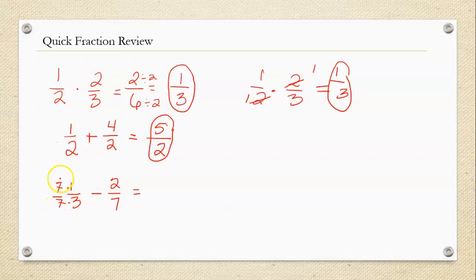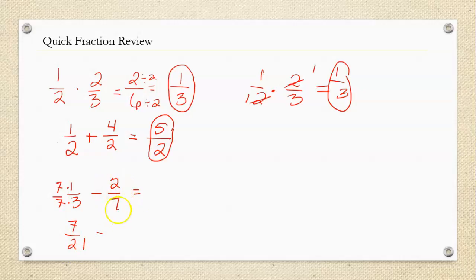So we're just multiplying this fraction by 1. So we're not changing the value of the fraction, we're just changing the way it looks. So 7 times 1 is 7, 7 times 3 is 21. So if you were to type 1/3 into a calculator, you would get the same exact decimal as 7/21. It's just changing the way it looks.